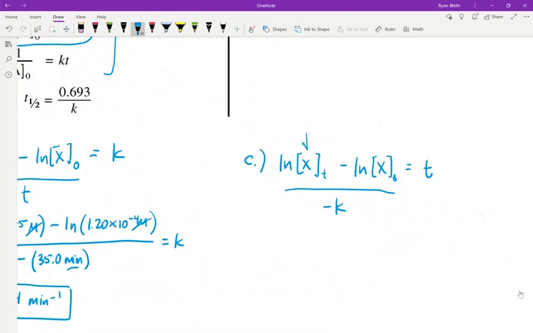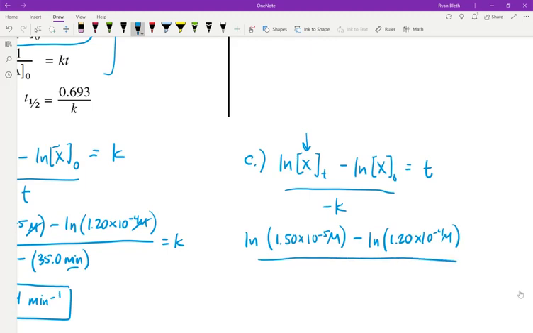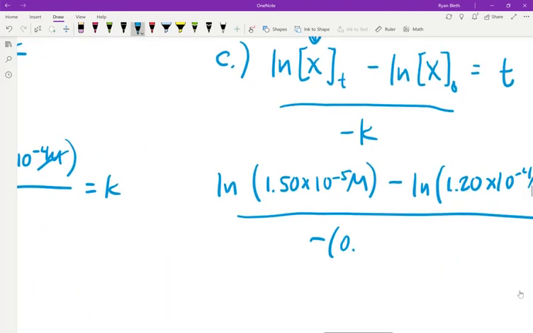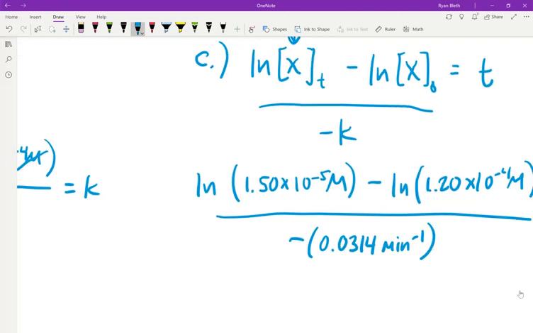So this value at time t, 1.5 times 10 to the negative 5 molar, we need natural log of that, minus the natural log of the concentration at the beginning, which again we found earlier in the problem, 1.20 times 10 to the negative 4 molar, and then divided by negative k. Well, we just a moment ago figured out our k, 0.0314. We want negative k, so negative 0.0314 minutes to the negative 1. All right, and that's equal to t.